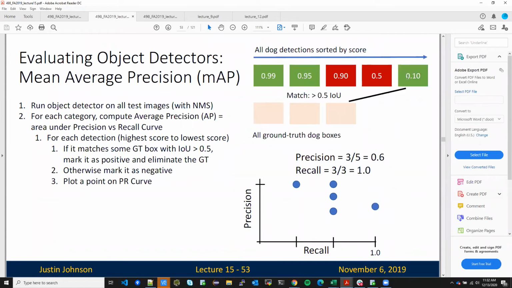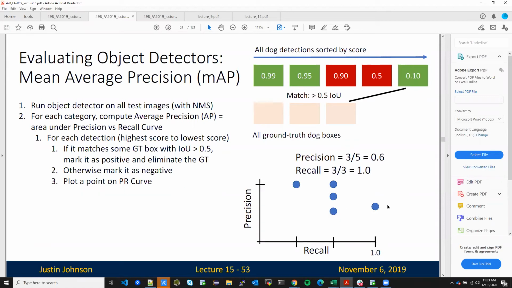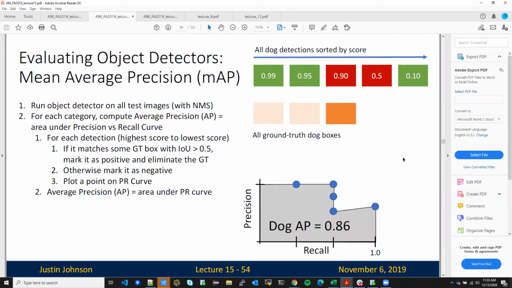And lastly, now we've got all the points on this curve. The average precision for the dog category is the area under this curve. So the average precision is the area under the PR curve.